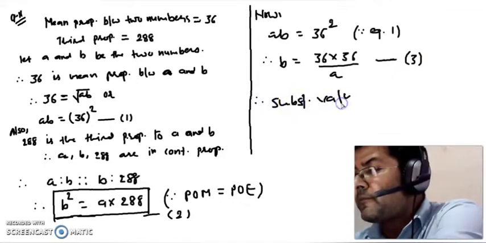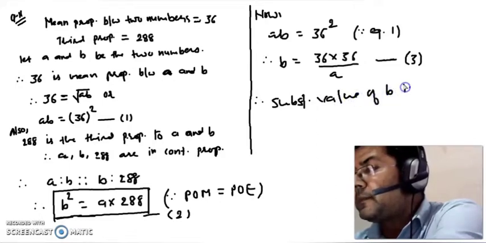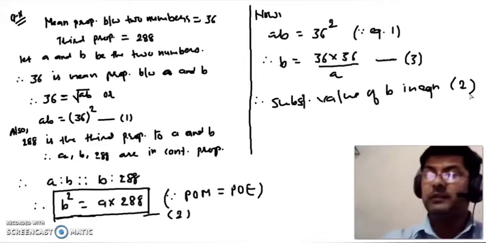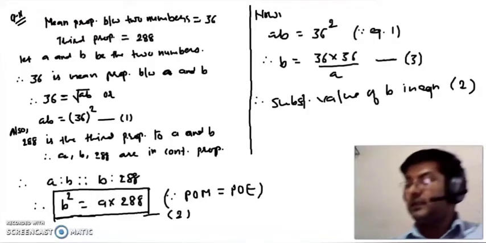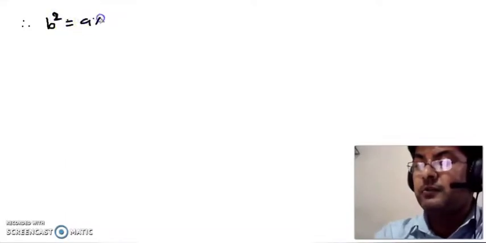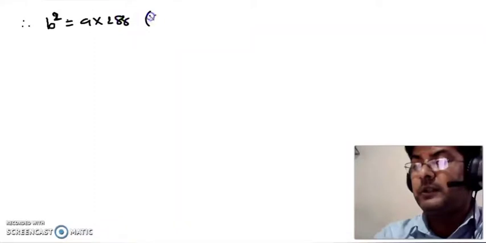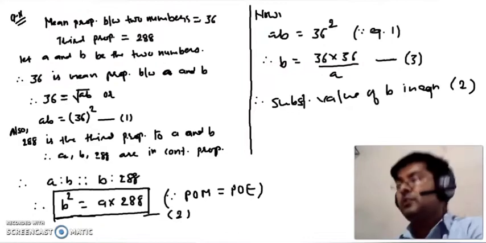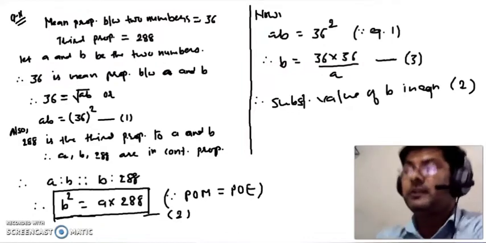On the next page we will write down equation 2: b square is equal to a into 288. Look at the value of b, 36 square upon a.